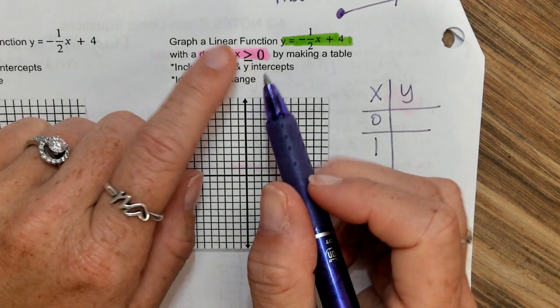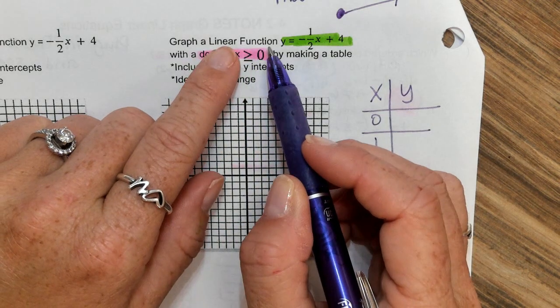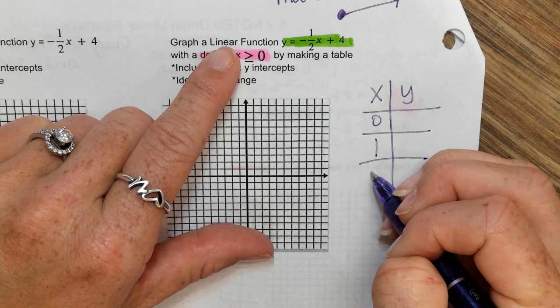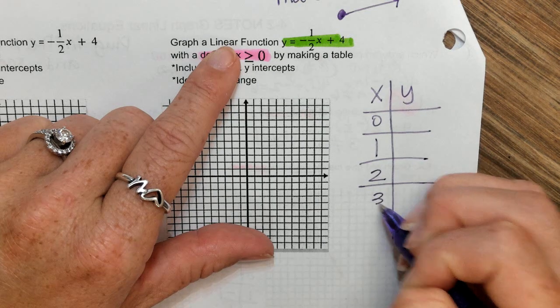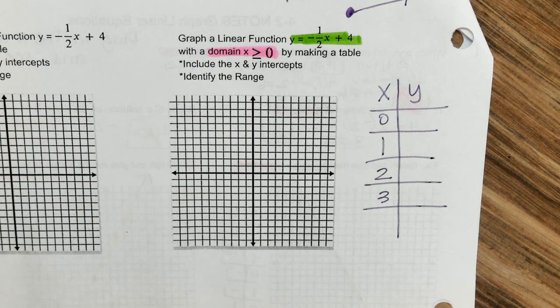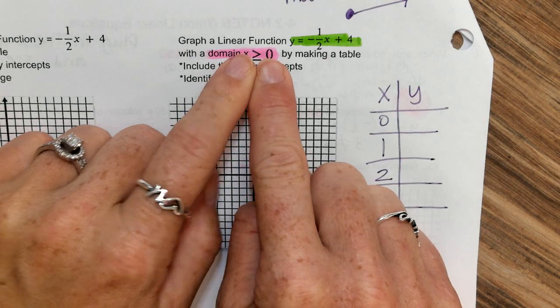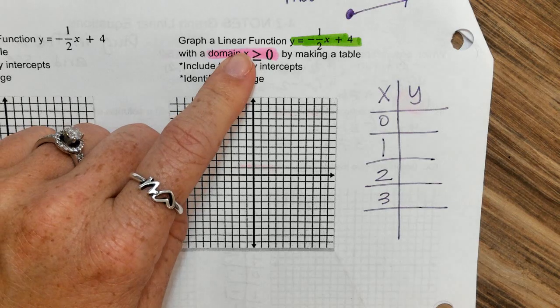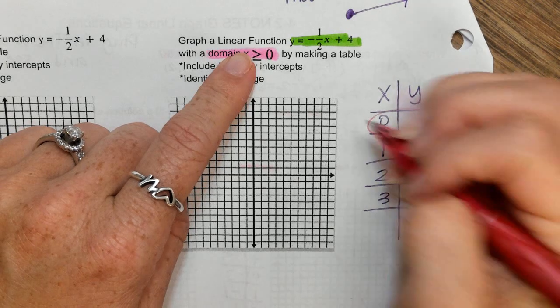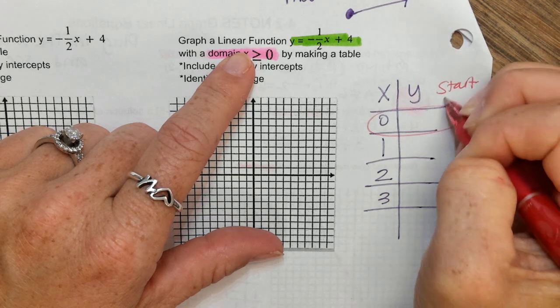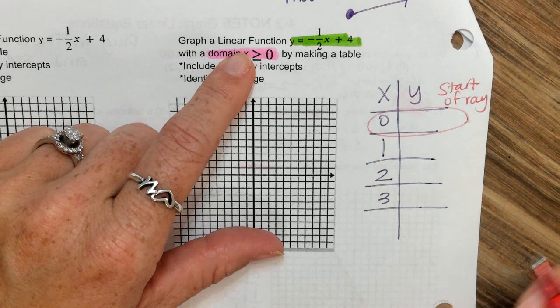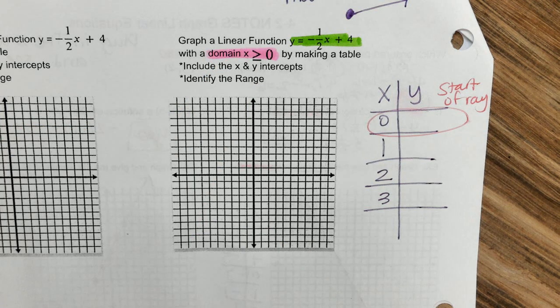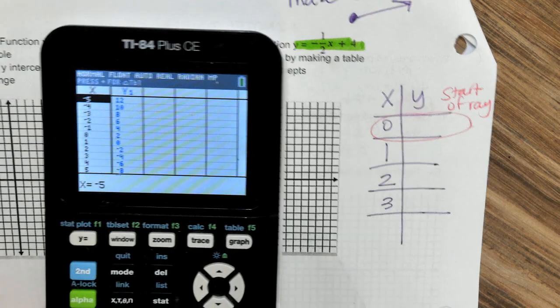No, because x has to be greater than or equal to 0. Could I put 2? Could I put 3? So I can pick as long as it fits that. Yes? All right. Also, this is going to be the start of your ray. All right, go put it in y equals and let's get our numbers.